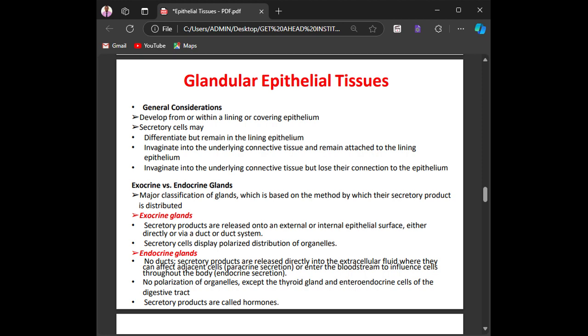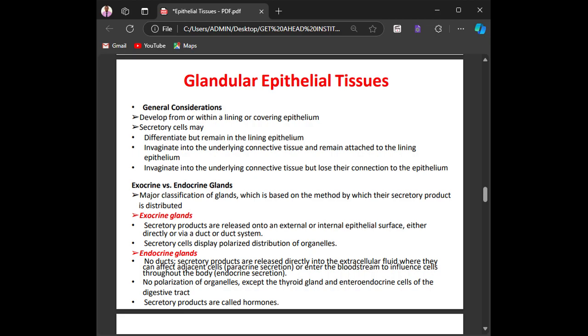The secretory cells of glandular epithelial tissue may differentiate by remaining in the lining epithelium, or invaginate into the underlying connective tissue and remain attached to the lining epithelium, or they may invaginate into the underlying connective tissue but lose their connection to the epithelium.